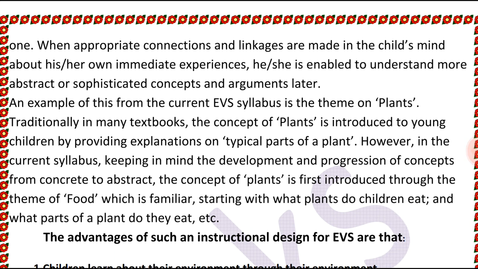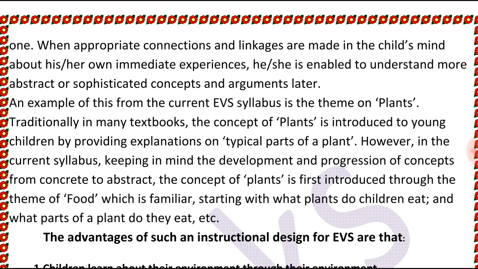An example of this from the current EVS syllabus is the theme on plants. Traditionally, in many textbooks, the concept of plants is introduced to young children by providing explanation on typical parts of a plant.